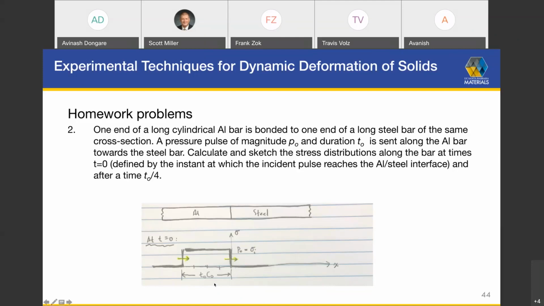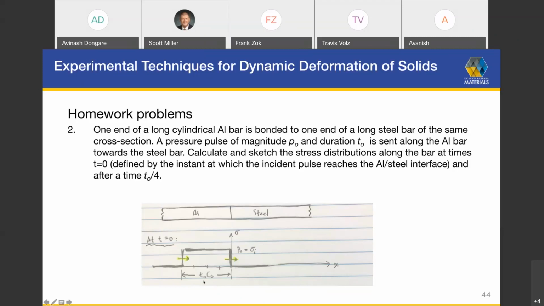This isn't too critical. And that length of the pulse in the aluminum bar is going to be the time duration of that pulse times the wave speed in the bar. You can see this product has units of length.